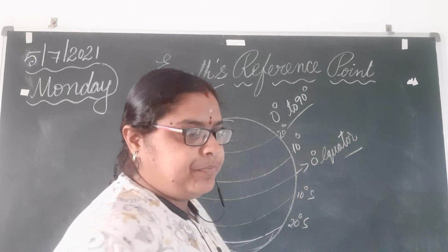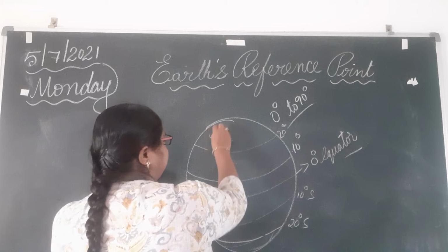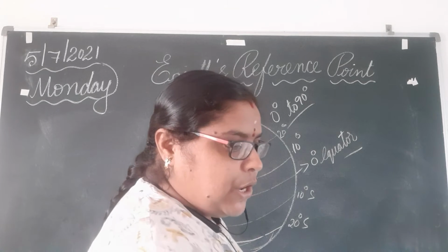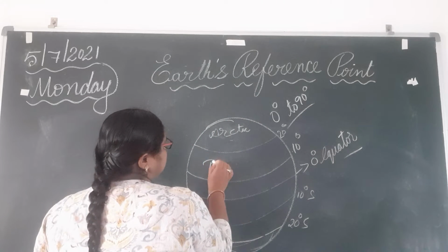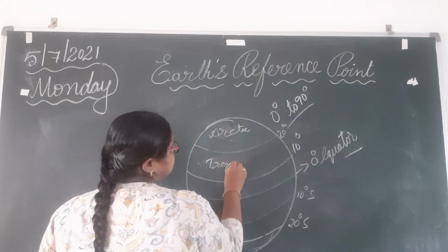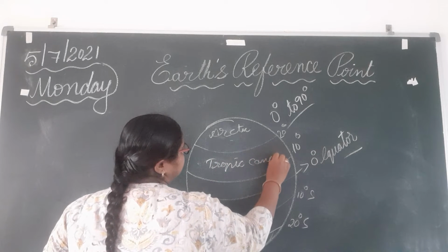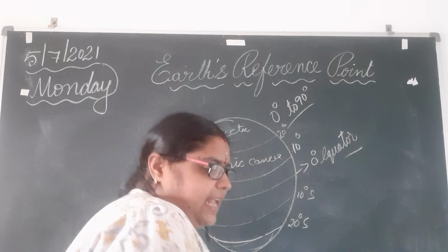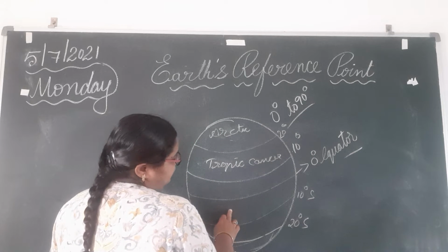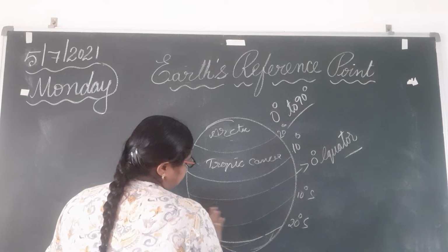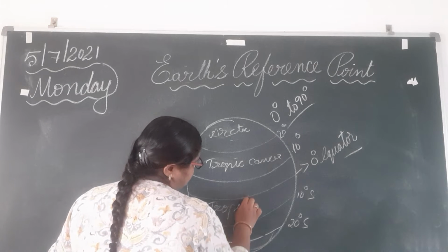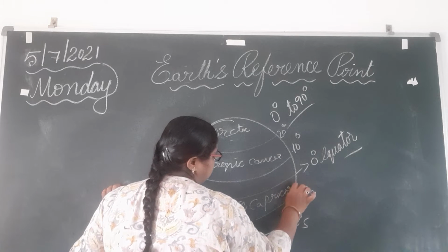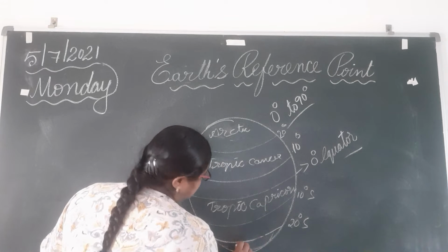They are the Arctic Circle, next, Tropic of Cancer, next, Tropic of Capricorn, and Antarctic Circle.